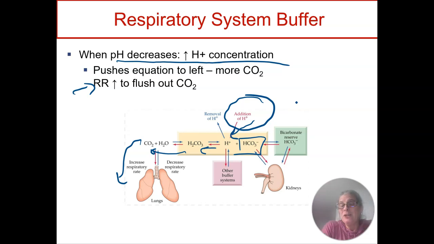And if I were to measure my CO2 levels, they would be normal, or my CO2 levels could actually be lower than 35, because I'm getting rid of more of it because I'm trying to buffer. So you can't just memorize numbers and say it's this or that. You have to understand what's going on. In this case, my CO2 falls because my lungs are buffering all those acids that are produced.